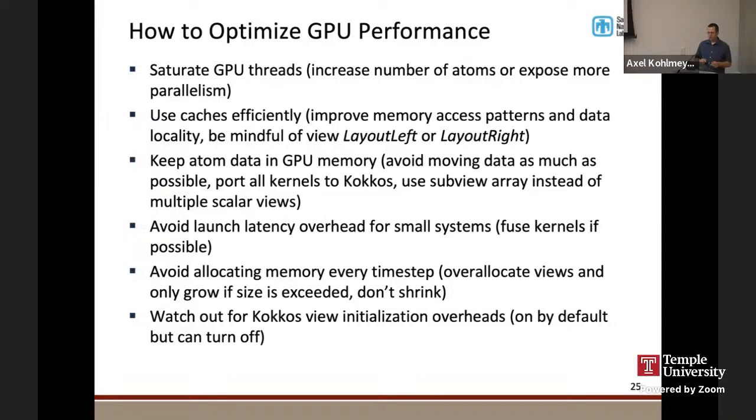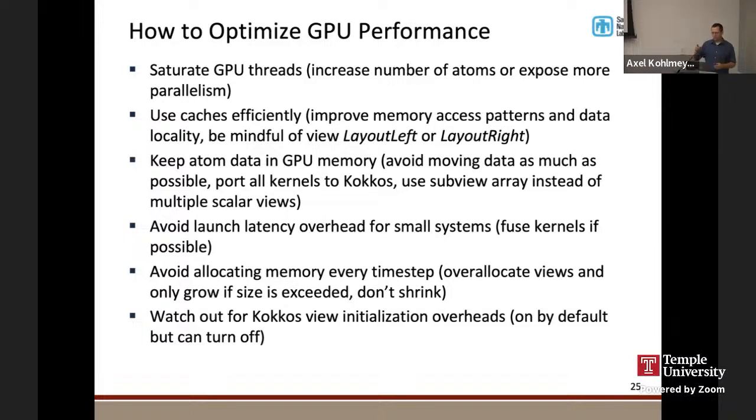You can also fuse kernels if possible. That helps launch latency for small systems. You need to avoid allocating memory every time step, because allocating memory is expensive. What we do is over-allocate views, and then we only grow if the size is exceeded. We typically don't shrink.